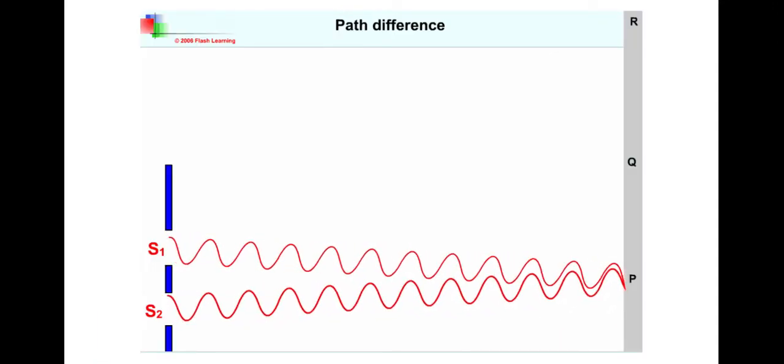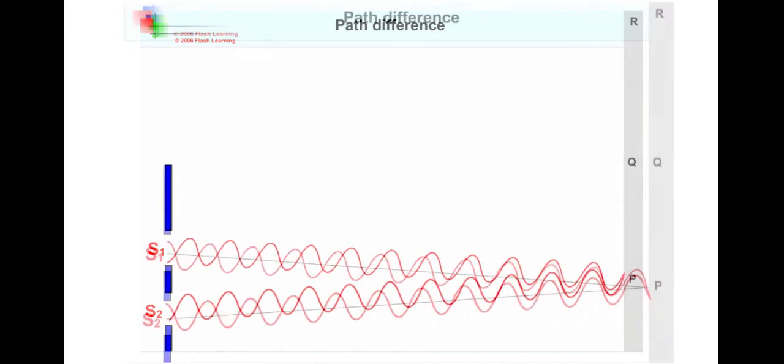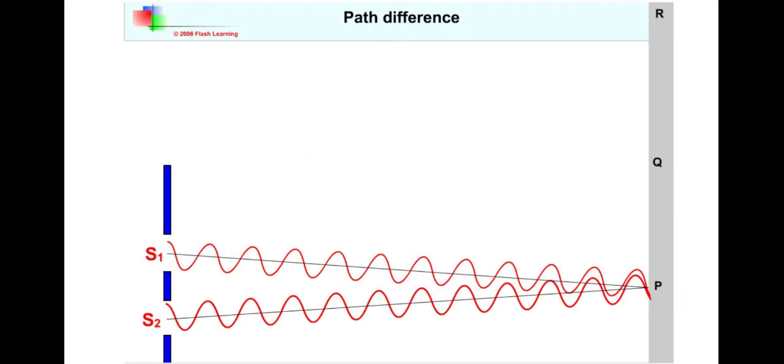So here, point P is midway between source 1 and source 2. Let's look. There are 11 waves coming from source 1 and 11 waves from source 2. So the path difference is nothing, and we can see the peaks of both waves are lining up. Constructive interference.